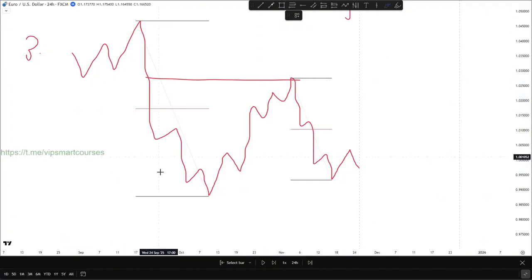We've already rebalanced this macro dealing range, but now we've formed this micro dealing range on the intermediate time frame, which for us is the 4-hour, within the macro dealing range. We haven't yet reached the low of the dealing range or expanded lower, but now we've formed a new micro dealing range within the macro one on the 4-hour time frame.